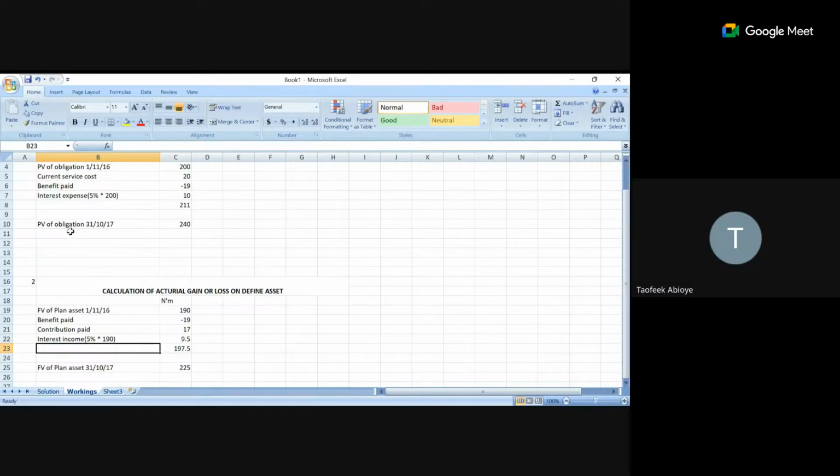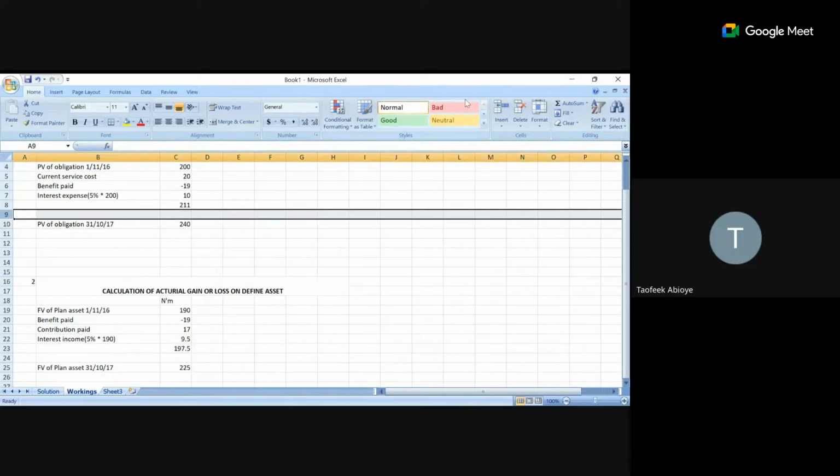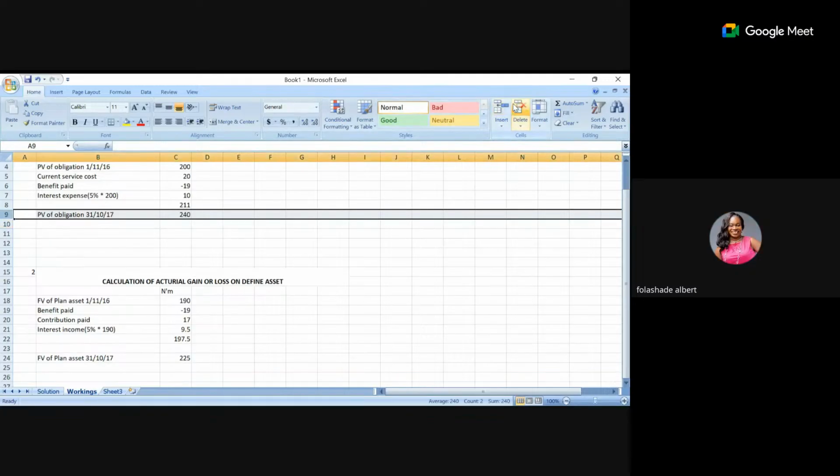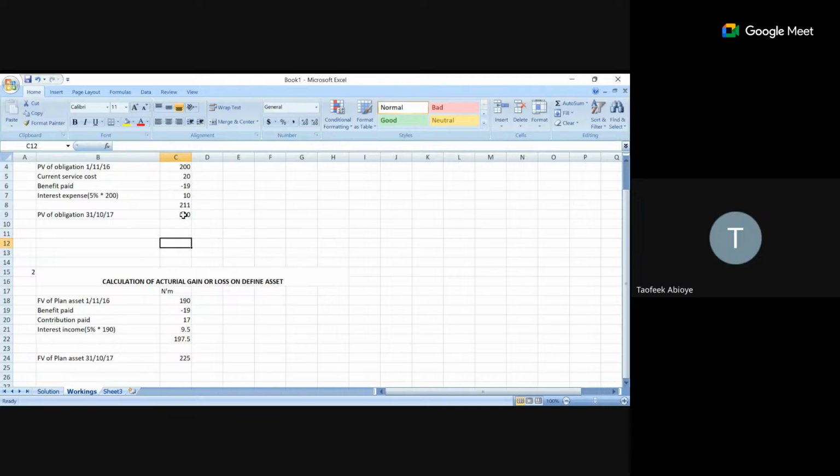This present value as at the end is what the professional will give you. That example I cited is the professional that will give you that. This is the fair value of the obligation, and this is the calculated value, or they call it expected value.